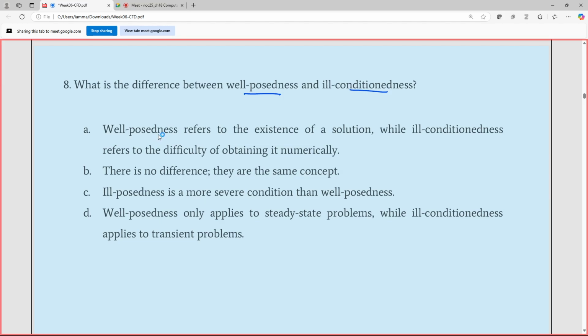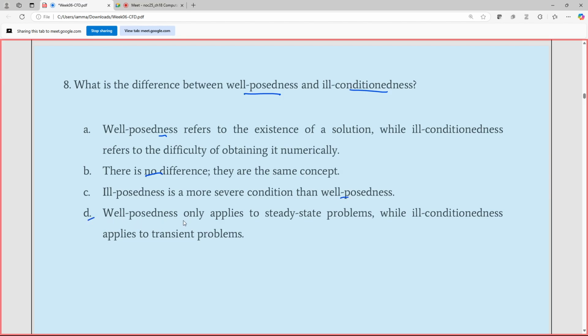Options are: A, well posedness refers to the existence of a solution, while ill conditionedness refers to the difficulty of obtaining it numerically. Option B, there is no difference, they are the same concept. Option C, ill posedness is a more severe condition than well posedness.